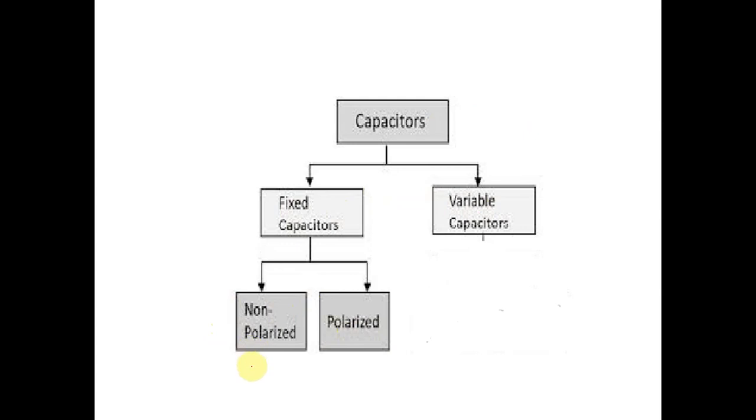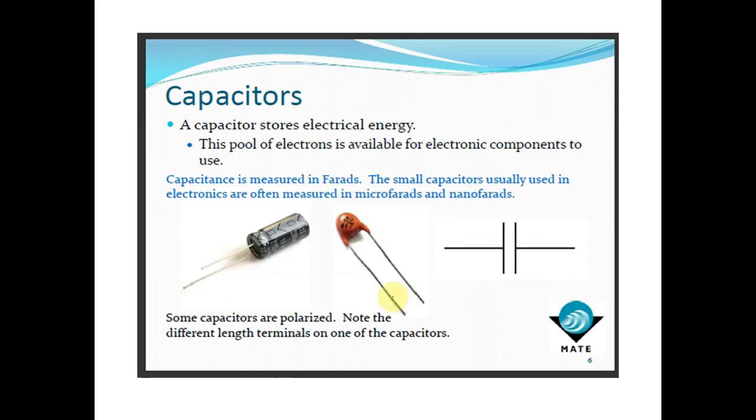Non-polarized capacitor is what this is called. Look here, two terminals of this capacitor are the same, so it is called the non-polarized capacitor, and this one is the polarized capacitor. Why? Because this terminal is the larger terminal, so it is indicated as positive. This terminal is the smaller terminal, so it is indicated as negative.